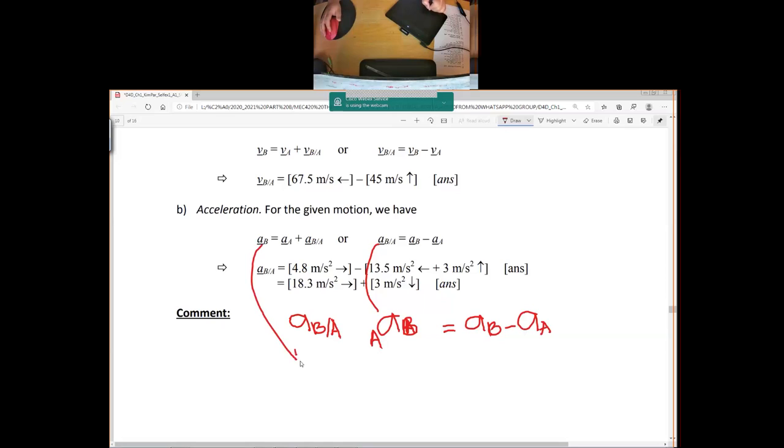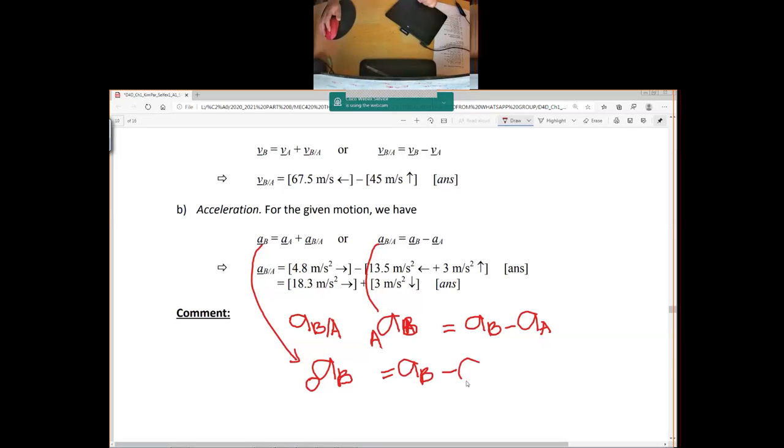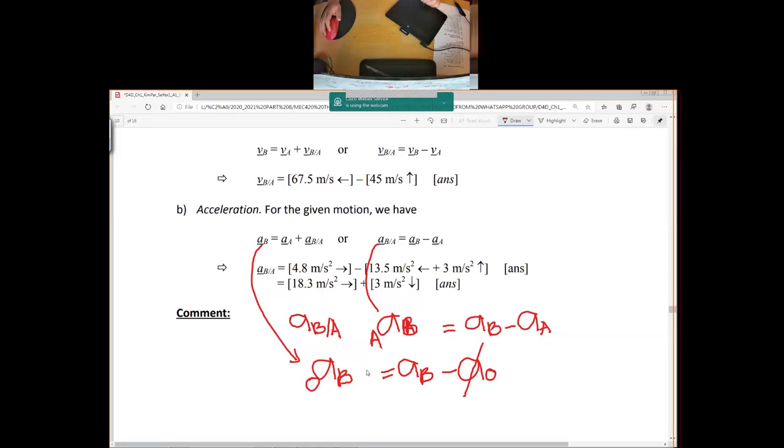This AB is relative to what? AB has an O at the back, the initial. Yes, initial. So this is actually AB minus AO. Normally this is zero, right? Your reference point. So using this theory, you can expand to here to understand what AB means.